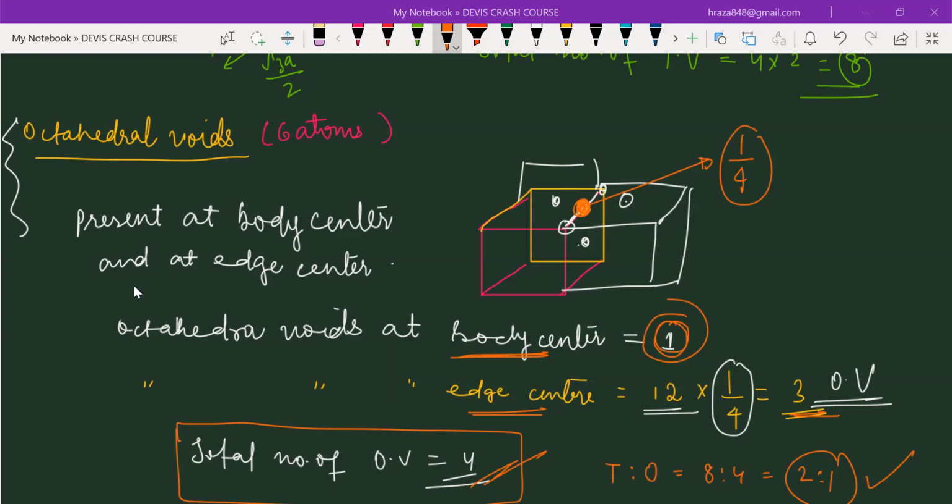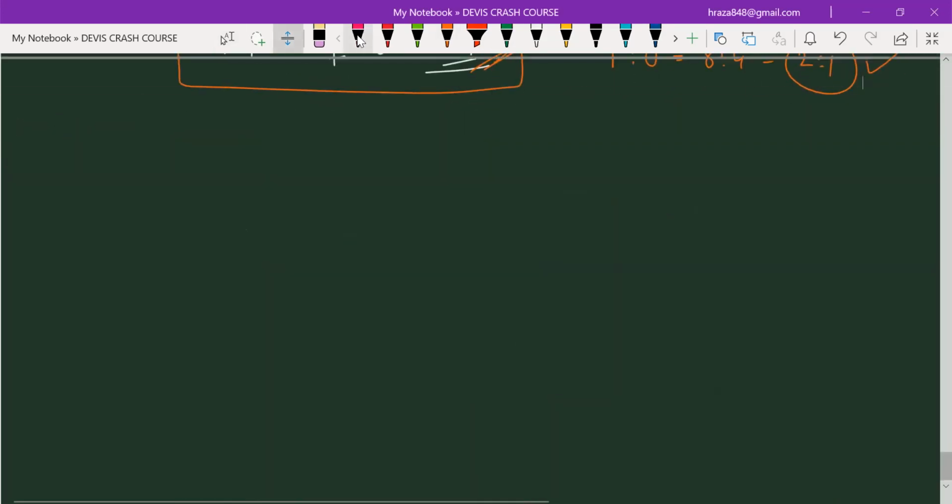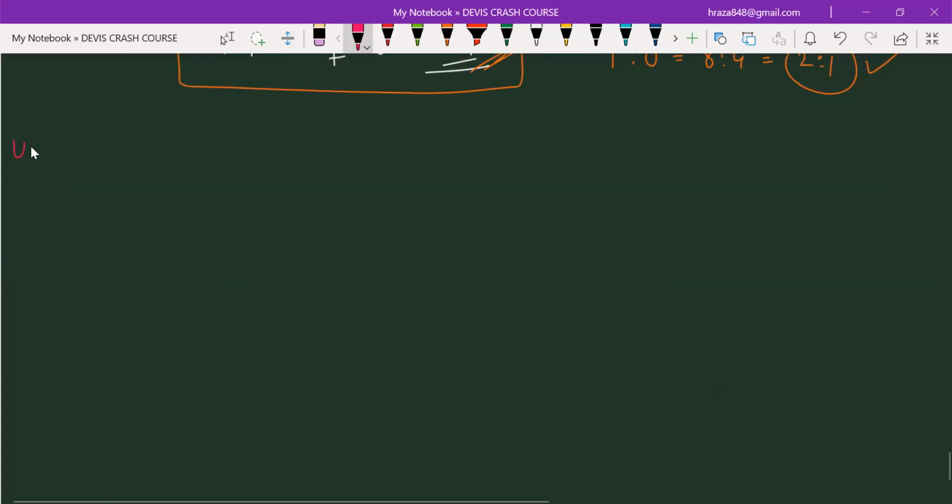How's your solution chapter? Good. Are you good with concentration terms, mole concept?